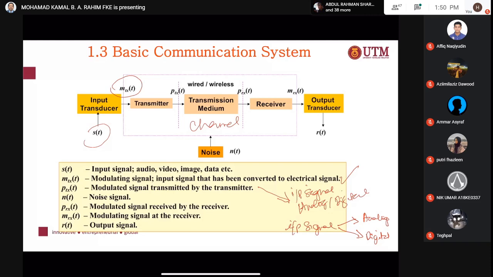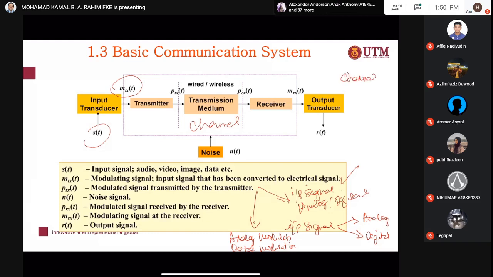So that's why, in terms of modulating, we have analog modulation that we are going to see later, and also digital modulation. It depends on your information, whether your information is digital or analog. Then of course you have a transmission, as I mentioned before. You have a channel.